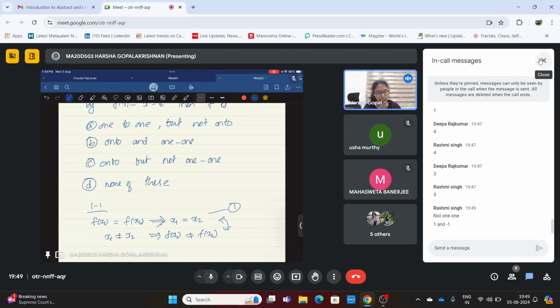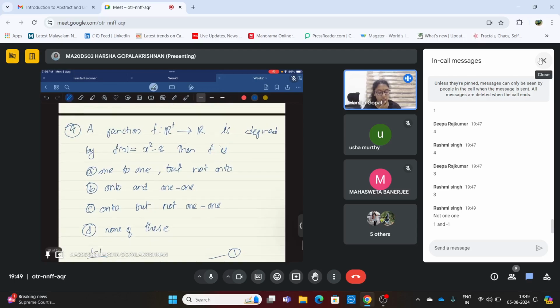Okay, now check the domain, from where the function is defined. So 1 and minus 1 will not work, right? Because it is defined on R plus. Okay, R plus means the set of all positive real numbers.